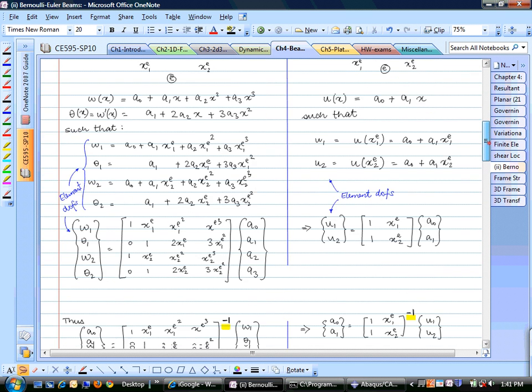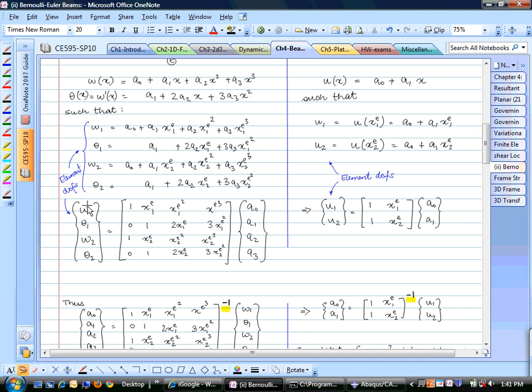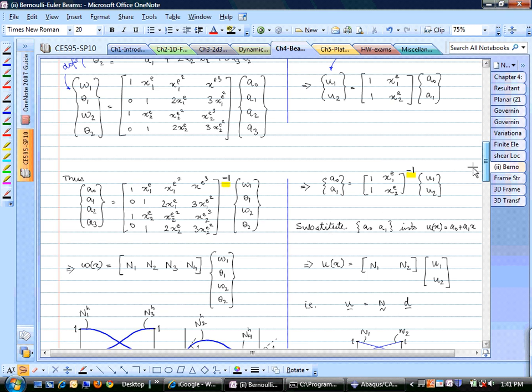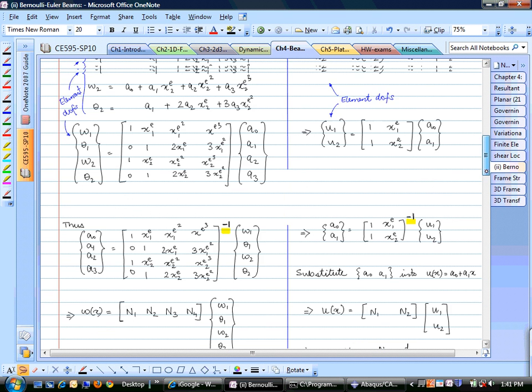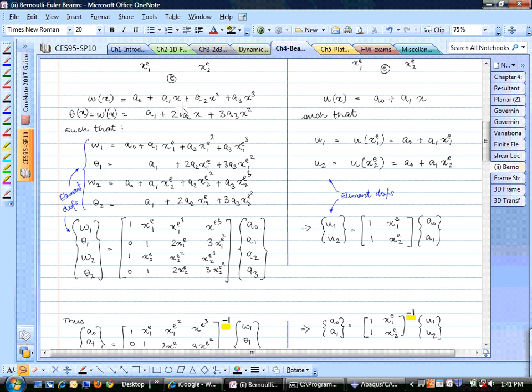So once again, you can write that out into a matrix form, invert the matrix, take it to the other side. You get your values of A0, A1 in terms of the degrees of freedom now. So all these A0, A1, A2, and A3 were Ritz coefficients. But now our degrees of freedom are W1, theta 1, W2, theta 2.